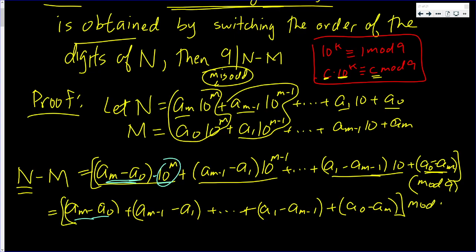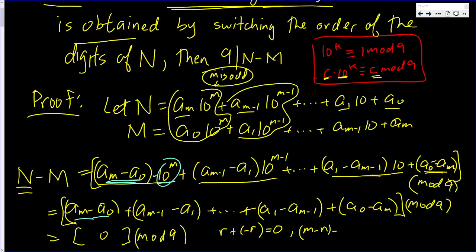Now, independent of what the mod is, I claim what's in the bracket is 0, mod 9. And it's 0 because, remember, if you have r and you add negative r, you get 0. So if you have m minus n and you take away and you add the reverse, you're going to get 0.